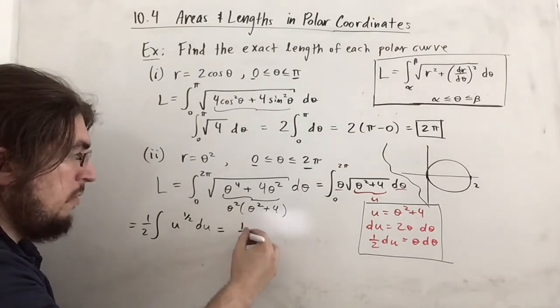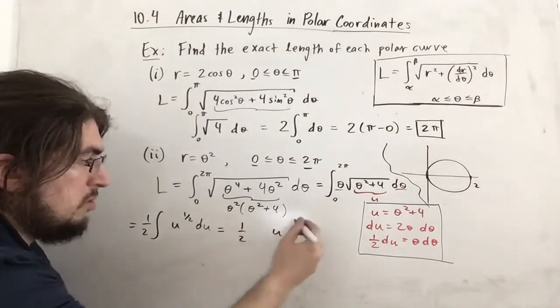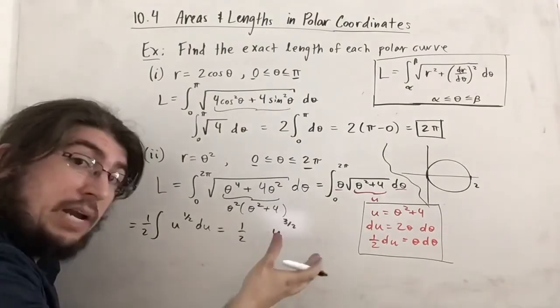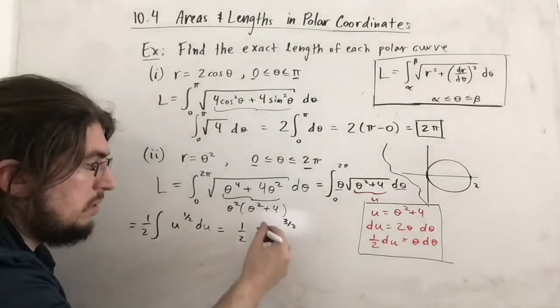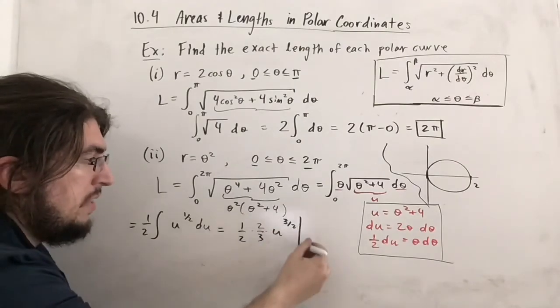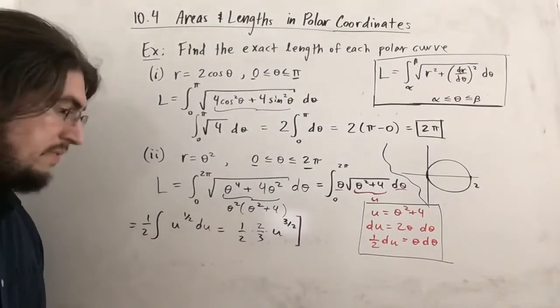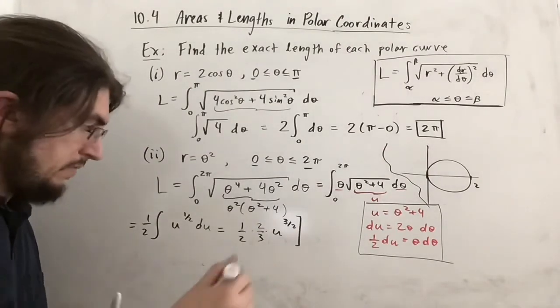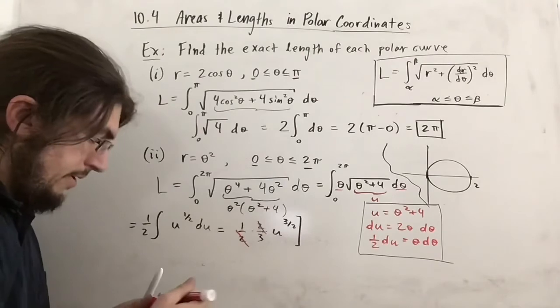And now the antiderivative of u to the 1/2 is u to the 1/2 plus 1, which is u to the 3/2, divided by 3/2. But dividing by a fraction, we'll just multiply by the reciprocal of 3/2, which is 2/3, and then evaluate between the limits that we still haven't found yet. And the nice thing here is there's this cancellation of 2's, here and here.